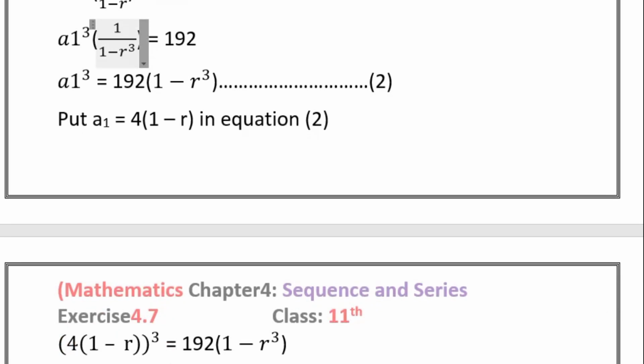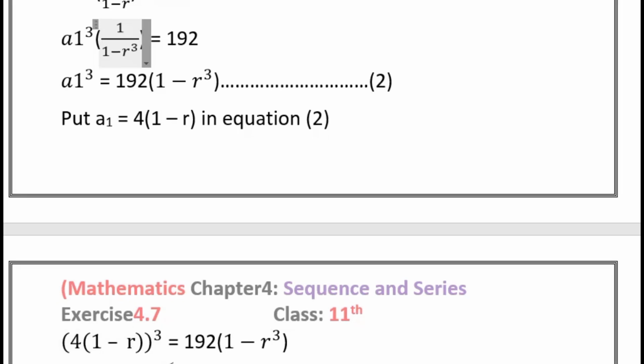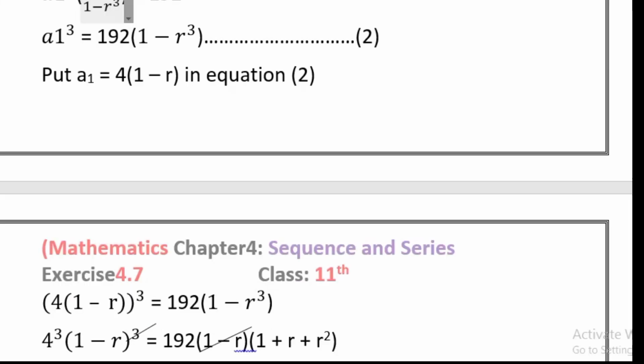Put a1 is equal to 4 into 1 minus r in equation 2. So equation 2 becomes 4 into 1 minus r whole cube, which is equal to 192 into 1 minus r cube. So 4 cube into 1 minus r whole cube is equal to 192 into 1 minus r cube, where 1 minus r cube is equal to 1 minus r into 1 plus r plus r square.